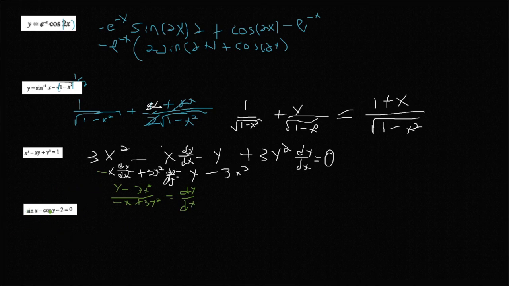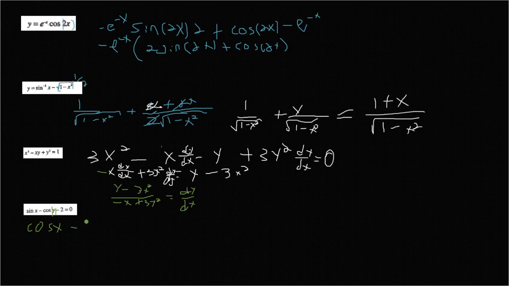And then let's do this one. I'm kind of unsure where these parentheses are here, but I'm just going to assume that the parentheses are here. So now we take the derivative of both sides. The derivative of sine x is cosine x. There's no inside term either, so we can just leave it.